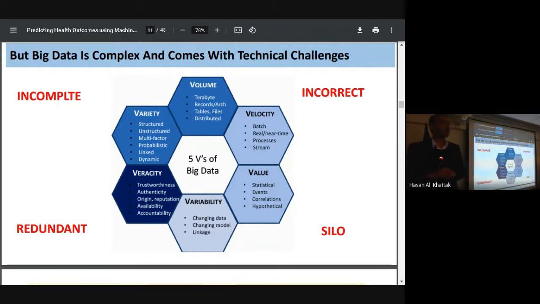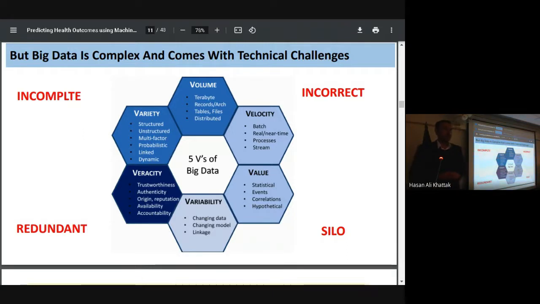Data is also in silos. Silos mean the data is not linked with other data, like gene data not linked with pathways data, and pathways data not linked with other biomarkers data. So the overall picture is blurry and incomplete.